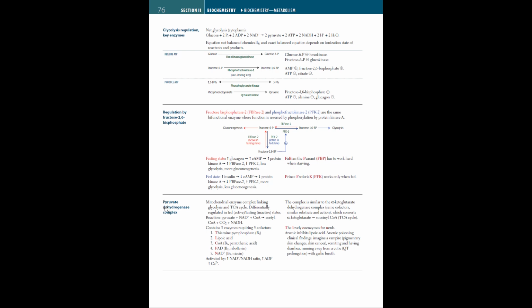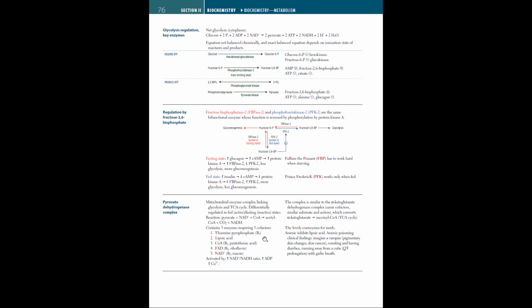Now we have the pyruvate dehydrogenase complex. This is a mitochondrial enzyme complex linking glycolysis and the TCA cycle, differentially regulated in the fed, or active, and fasting, or inactive, states. The reaction is listed below, and this contains 3 enzymes requiring 5 cofactors.